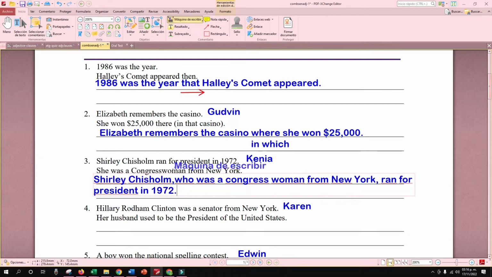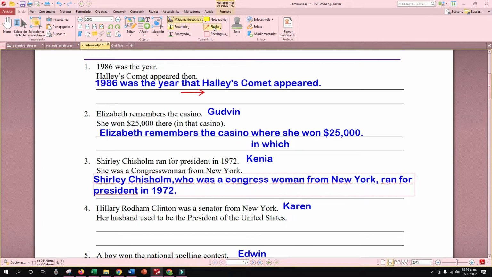So you're using commas because you're adding extra information, right? So Shirley Chisholm, who was a congresswoman from New York, ran for president in 1972.